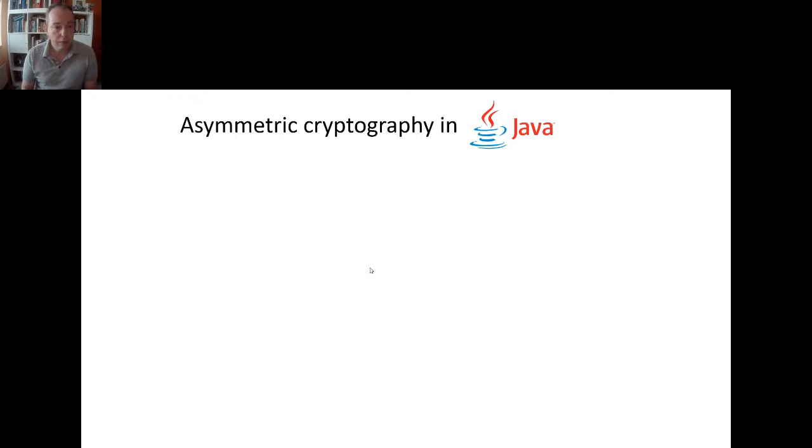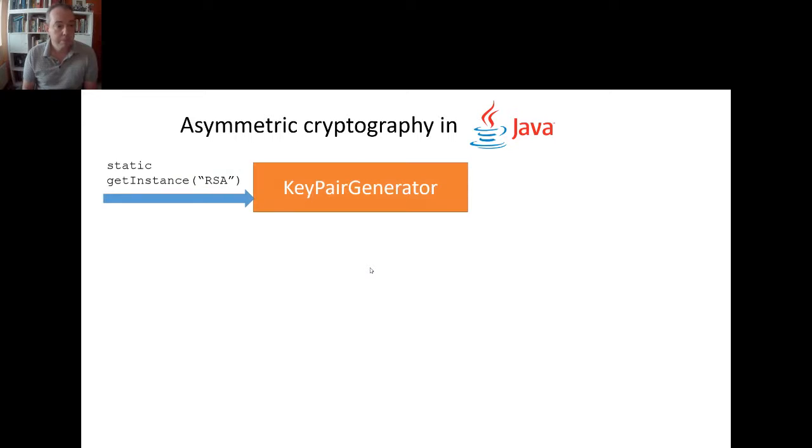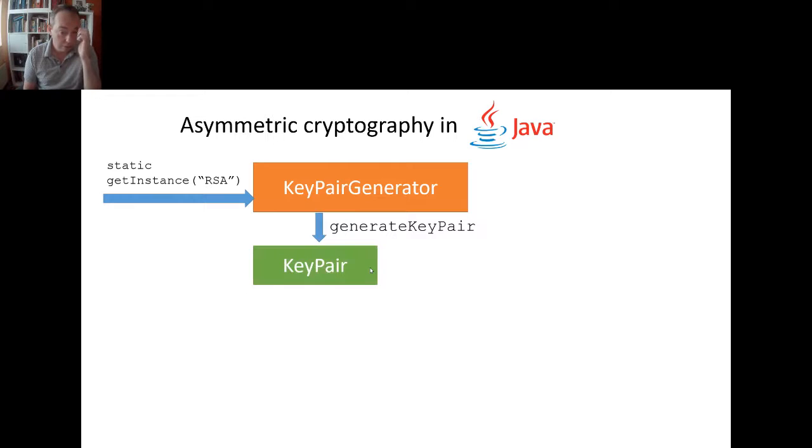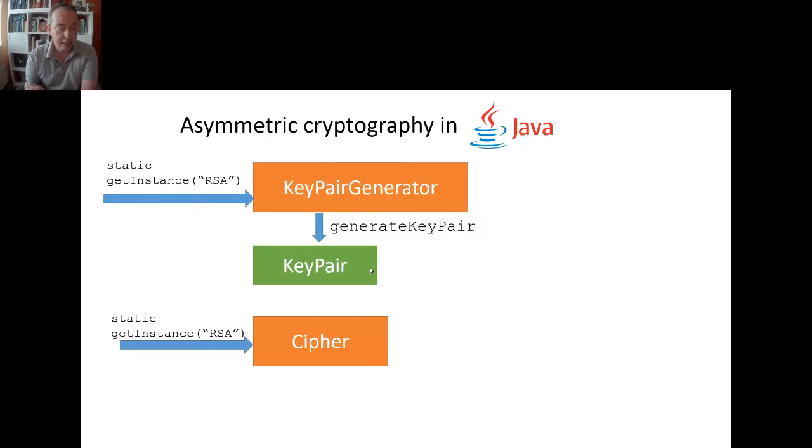So how do you do asymmetric cryptography in Java? Well, you start with a key again, except this one is a key pair because you need two right now. So you have a KeyPairGenerator. The rest is more or less the same. So you generate a key pair, which is basically a wrapper around two keys, one public, one private. Then you get the Cipher class again. You call a static getInstance. You initialize it with your public key in this case.